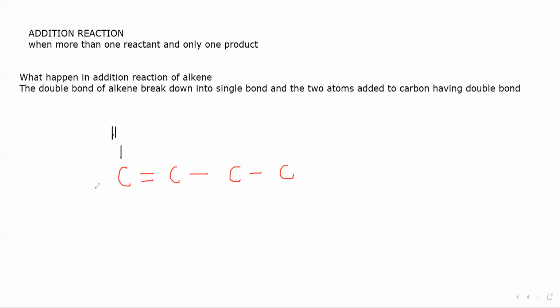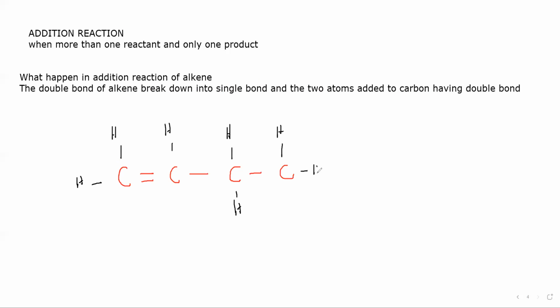How many hydrogen on the second carbon from the left hand side? 1. How many hydrogen on the third carbon? 2. And how many hydrogen on the last carbon, the right hand side carbon? The last carbon will have 3.